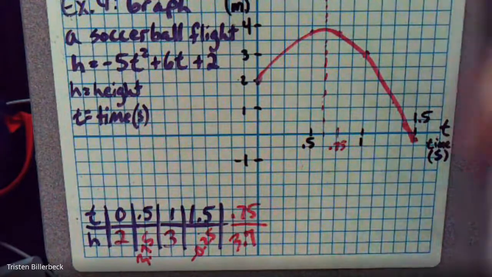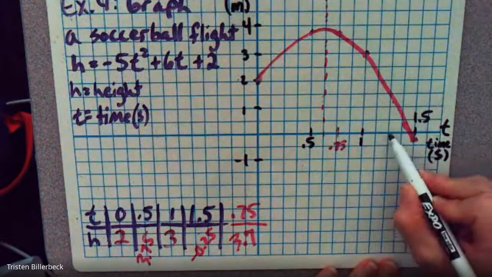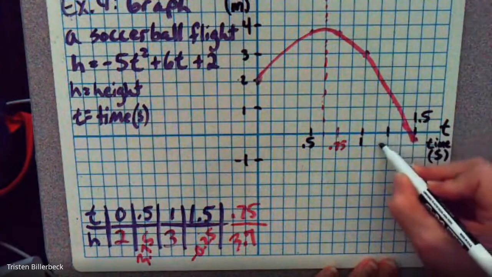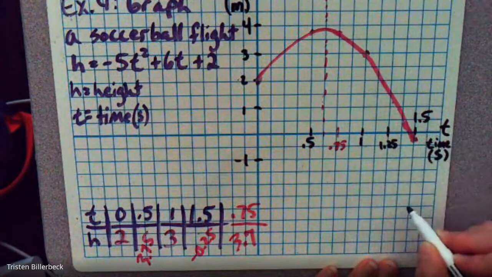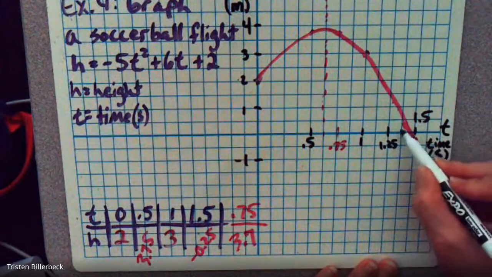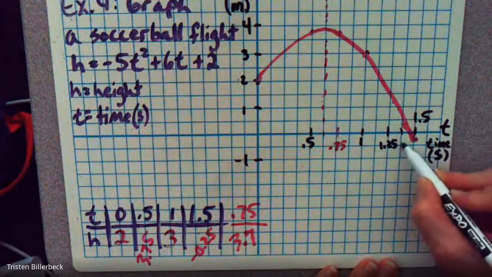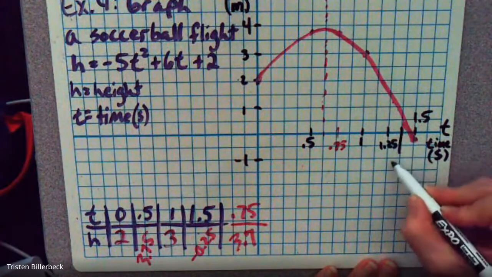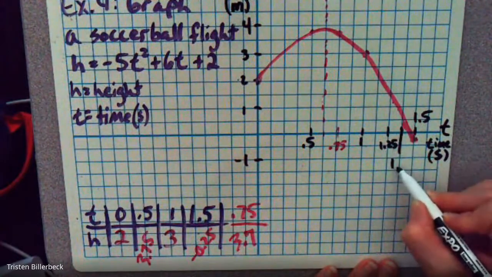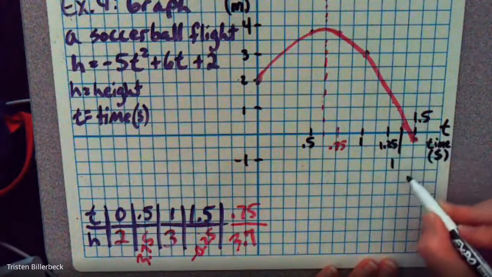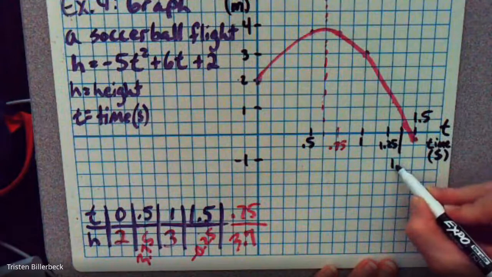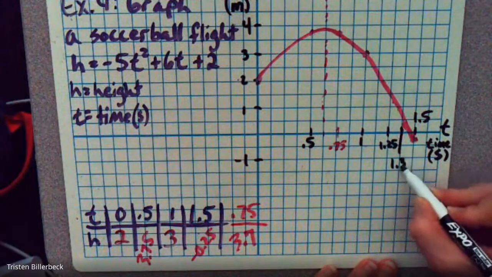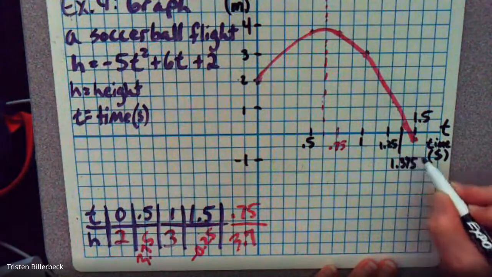So we can make a guesstimate that if this is 1.25, and that's 1.5, then this one right here is halfway, so between 1.25 and 1.5, 0.375 is halfway.